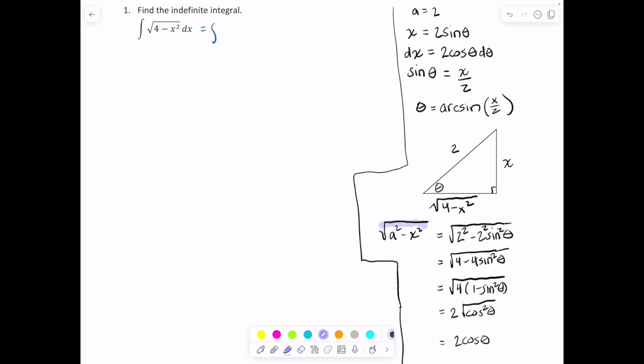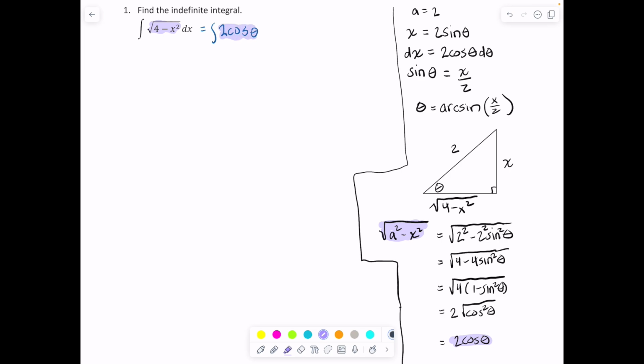So our a squared, which was 2, minus our x squared, which was sine squared theta, we ended up getting 2 cosine theta. Good so far?